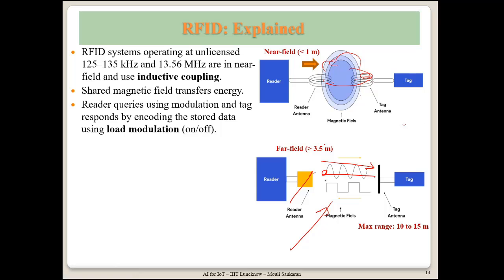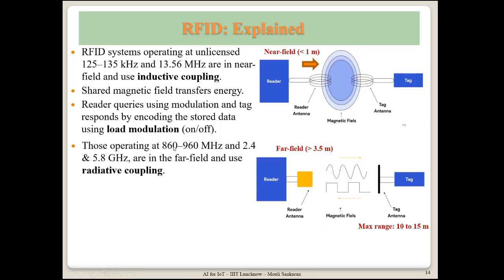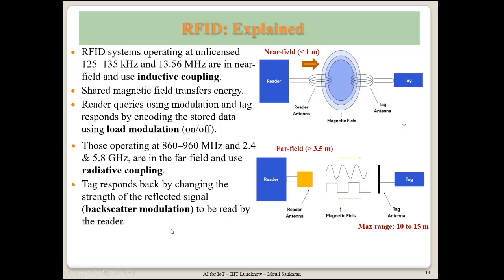Here it receives some signal and then transmits some signal back. It's similar to radar, as used with aircraft. So it uses somewhat higher frequencies for far field. Since reflection is backscatter, backscatter modulation is used for this purpose.